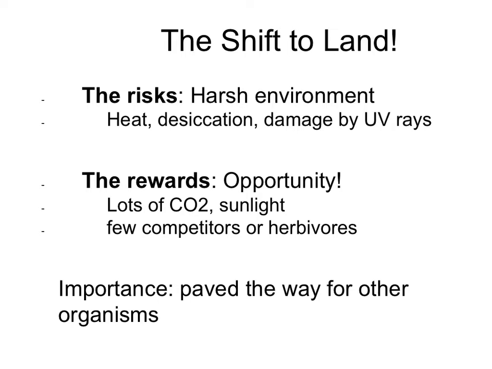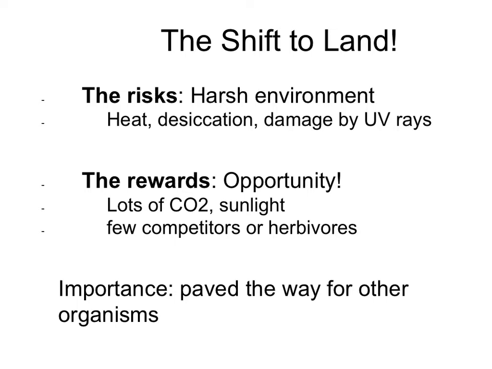So there are some risks in terms of shifting to land. Some of the risks are the harsh environment. It's harsh because at the time, the Earth's atmosphere didn't look like what we know it as today.